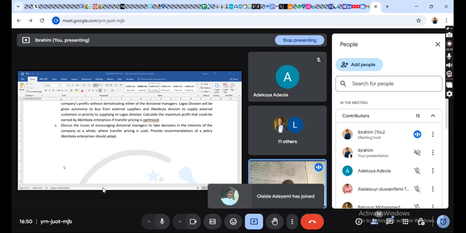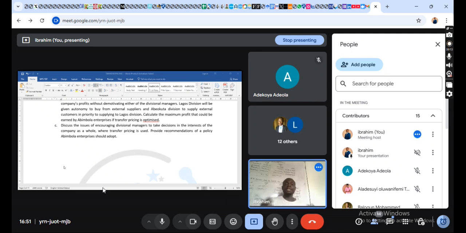Now, what is the recommendation? You could recommend that, if the product is not competitive enough, they should give more autonomy to the buying division to buy outside, in order to encourage the divisional managers, right?